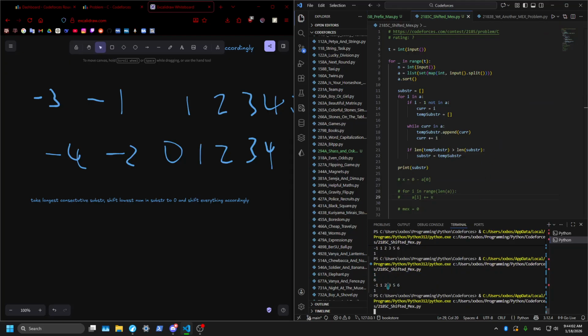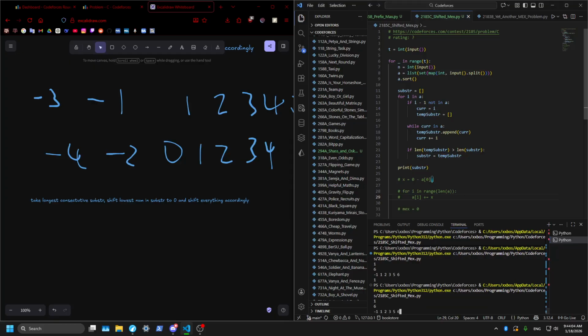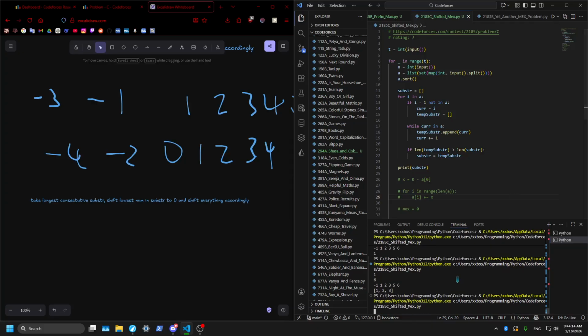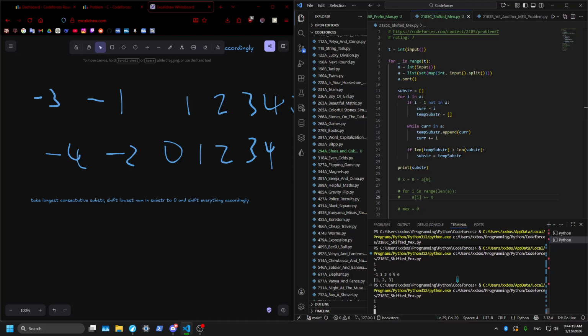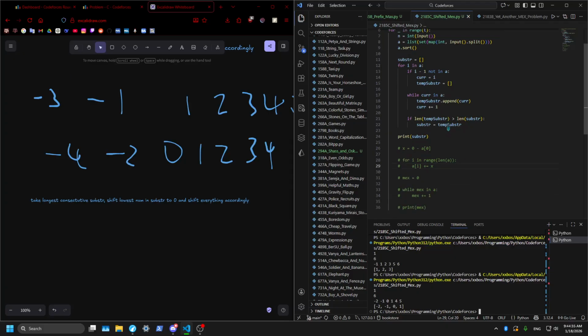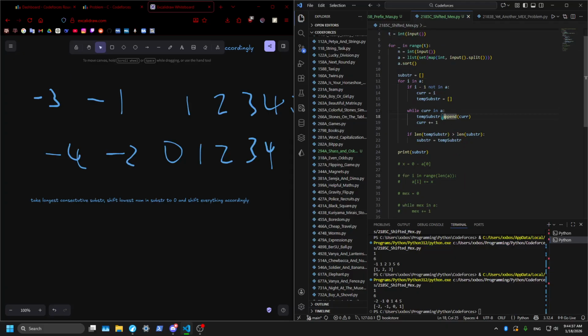So this should print out 1, 2, 3, no 4. Okay, let's try. -2, -1, 0, 1. 1, 2, 3, 4. 4, 5. Yeah, okay. Now I'm wondering if this is too slow.